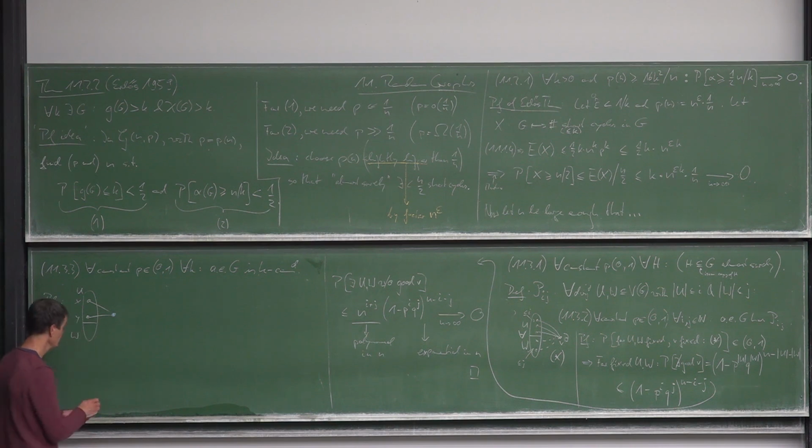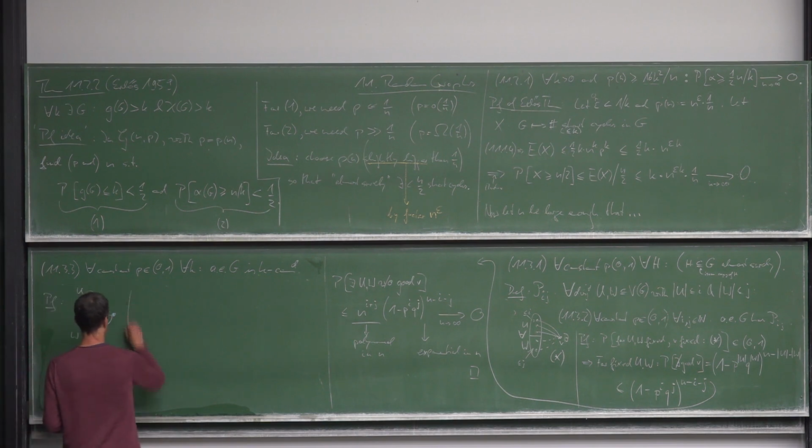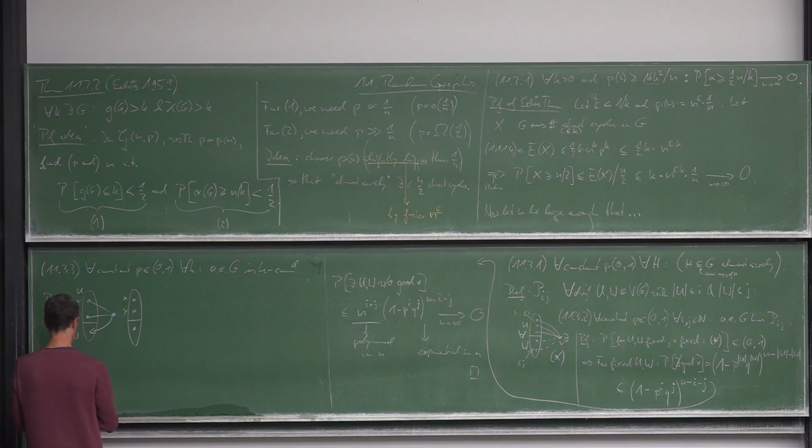Okay. Next, put it in W. Then we have x and y here still, and we have this vertex here in W now.